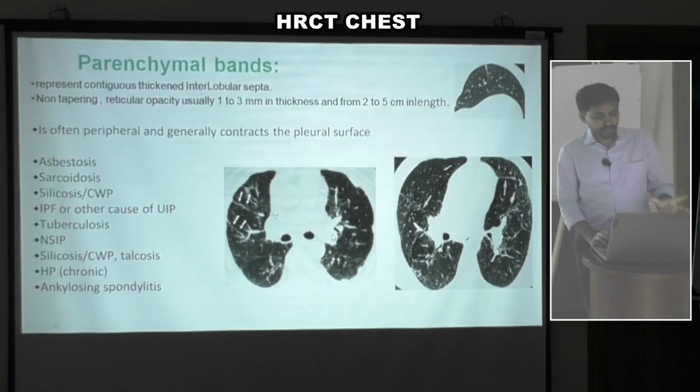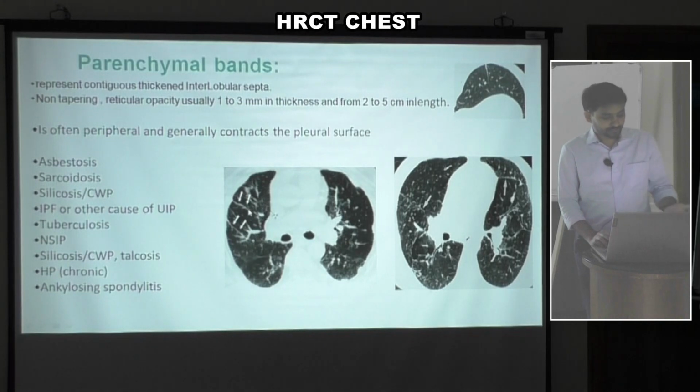Another one is parenchymal bands, like linear and reticular opacities. Parenchymal bands are sometimes associated with malignancy, sometimes old TB, and again occupational lung diseases like sarcoidosis, asbestosis, silicosis and so on. This is how normal parenchymal tags appear.